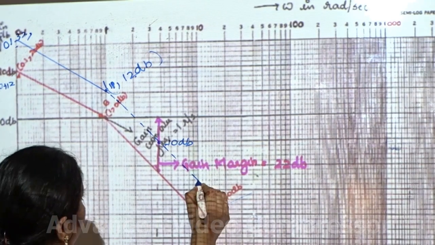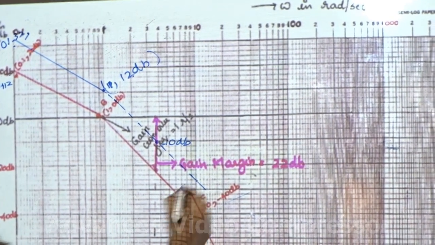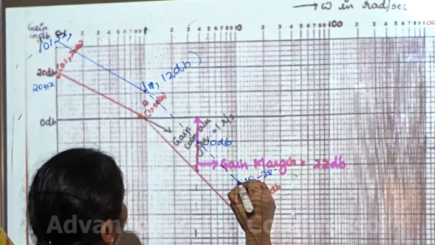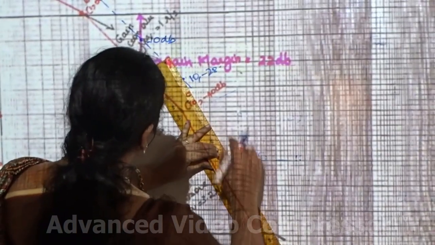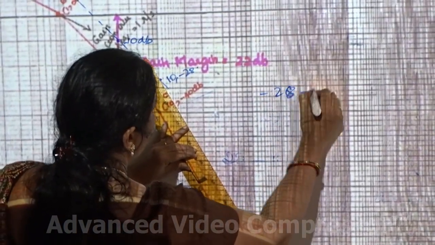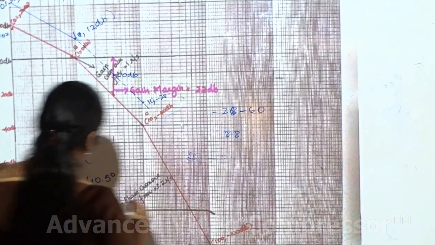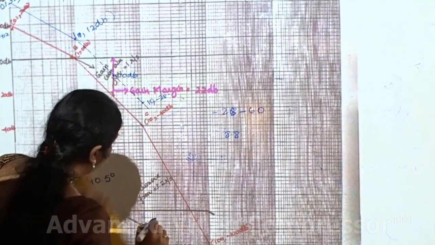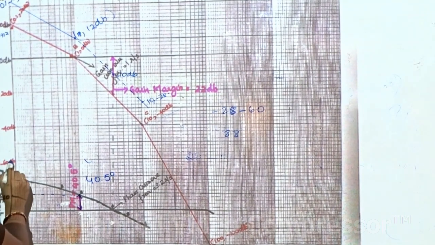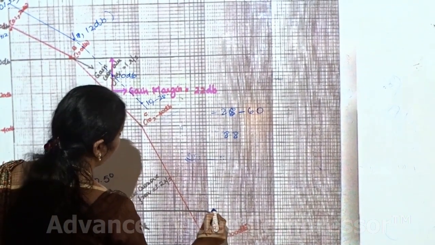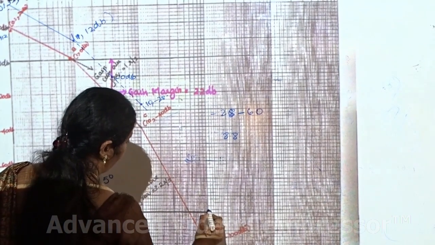So this point you have to write as minus 28 at 10. And at 10 again you have one more slope which is adding. So minus 28 minus 60 is how much? It is going to be 88. Like that, the next point, this is 60, then this will be 80, 88 will be somewhere here at this point.